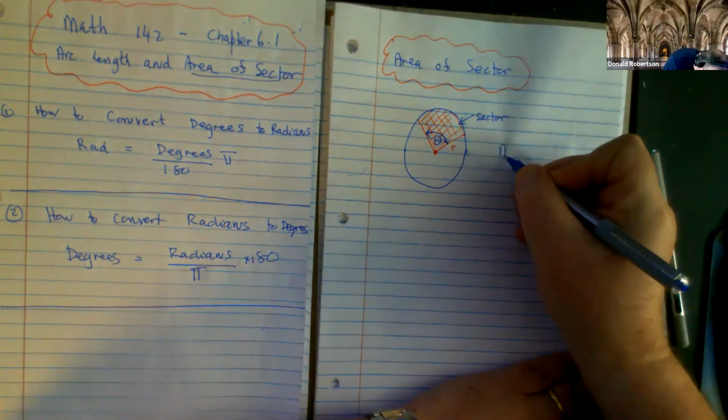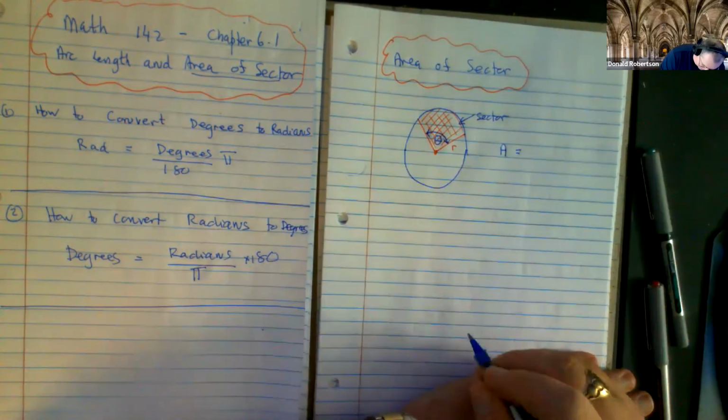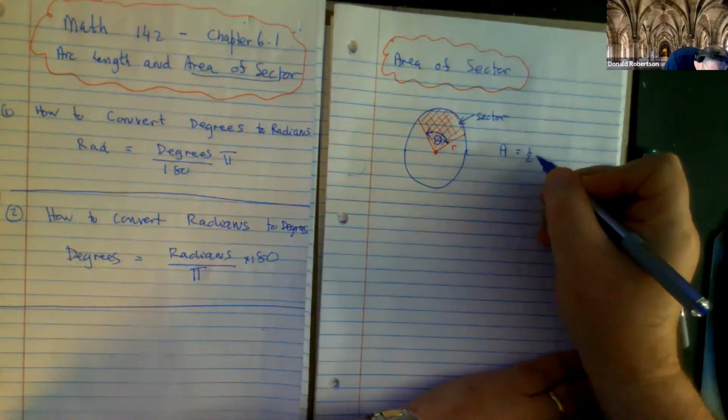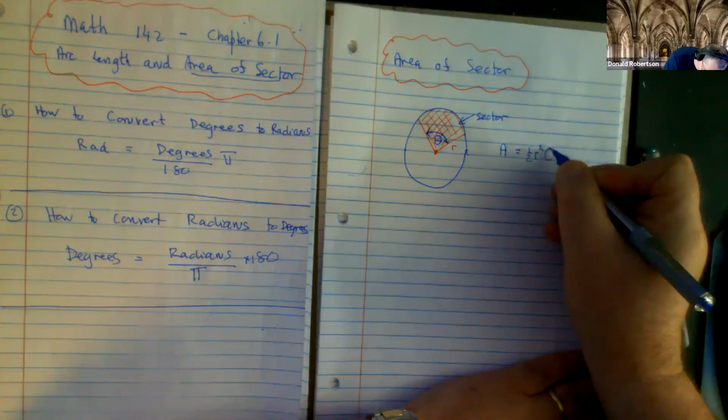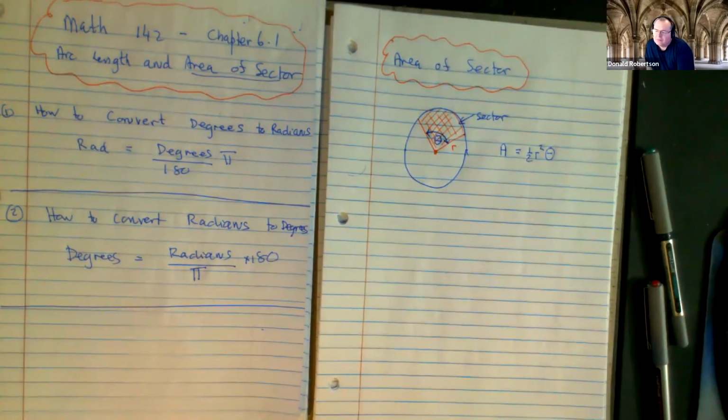To find the area of a sector A, it's 1/2 r squared theta. And you can go in and watch videos to prove it to you, but it's connected to, isn't a full circle pi r squared? Right. The area of a complete circle is pi r squared, right? Kind of comes from that.